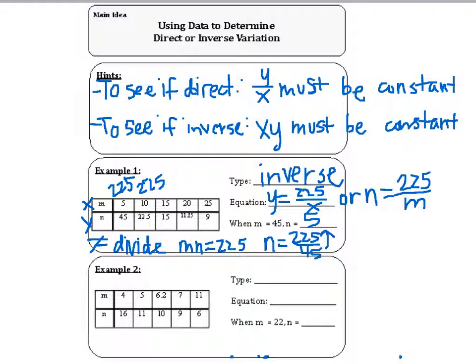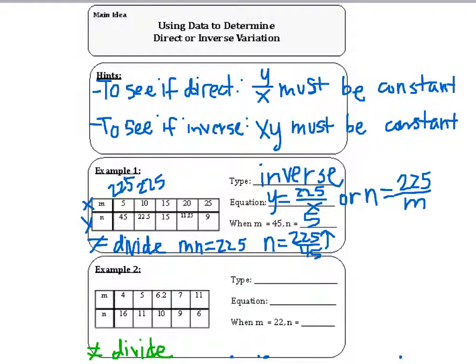Well, let's look at the next example here. I'll do it in a different color just so it stands out a little more. So let's try dividing here. Let's see if they're equal when I divide. If I do 16 divided by 4, that's 4. 11 divided by 5, is that 4? No. So it's not equal when you divide.